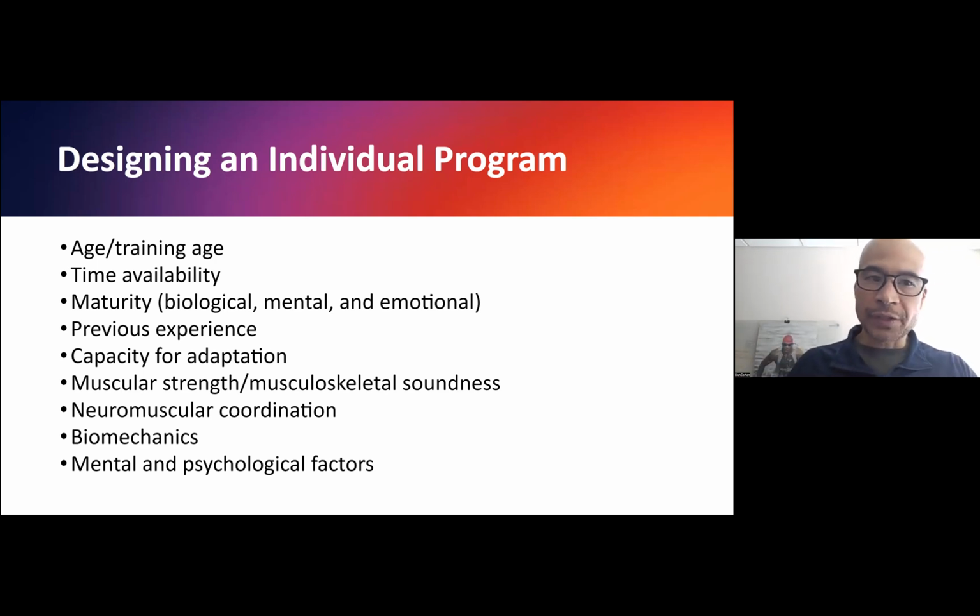So just quickly going through this, your training plan is going to be based on multiple different factors: age, how much time you have available, your capacity to adapt, not just physically, but mentally. We know racing can be very difficult. So do you have the mental fortitude to push through?